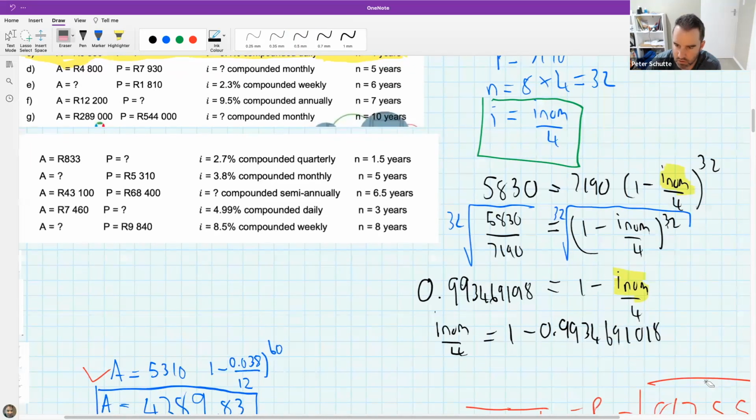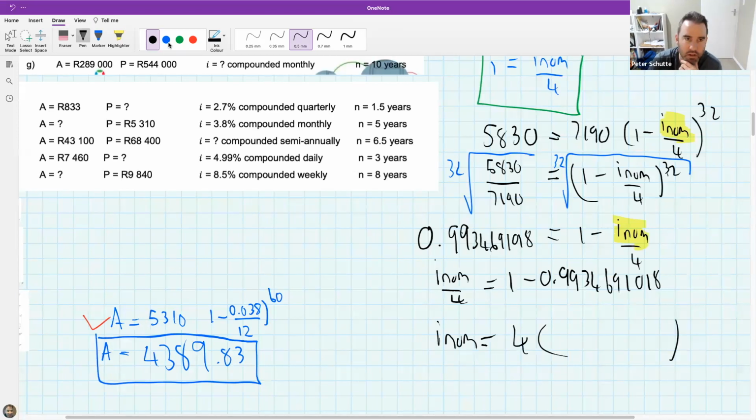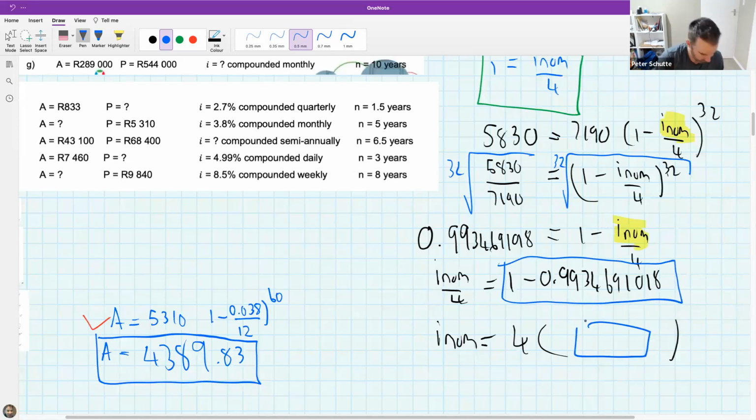So this is where your calculator's memory is going to play a bit of a role. I times both sides by 4, and so whatever value you got for this in your calculator needs to be multiplied by 4. So I'm going to do that now.